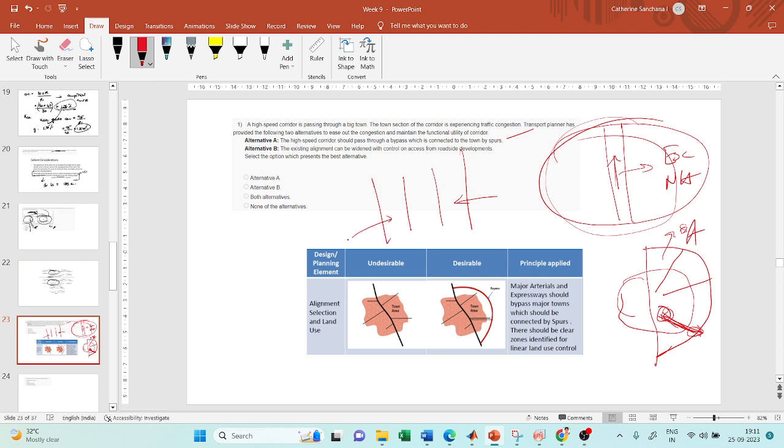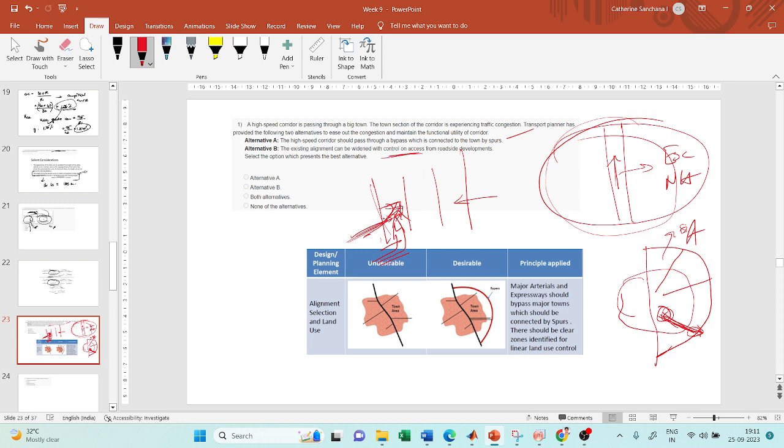You cannot allow vehicles to enter the highway as and when they want, but you will provide access points to the highway which will tell them that you should enter the highway only at these points. So that is called access controlled.